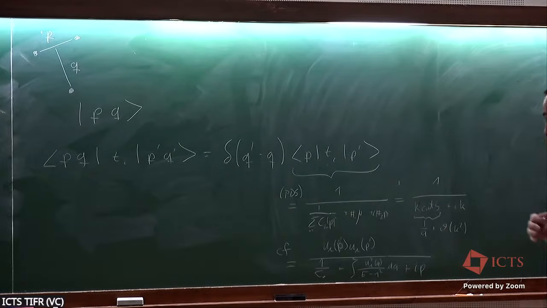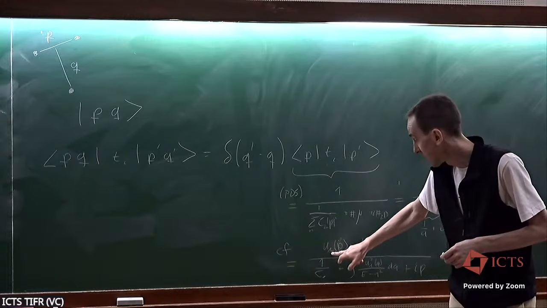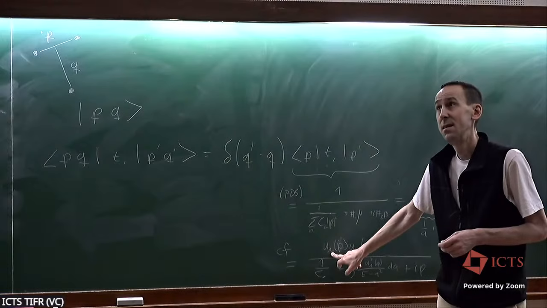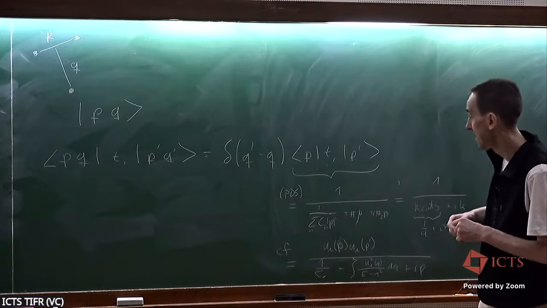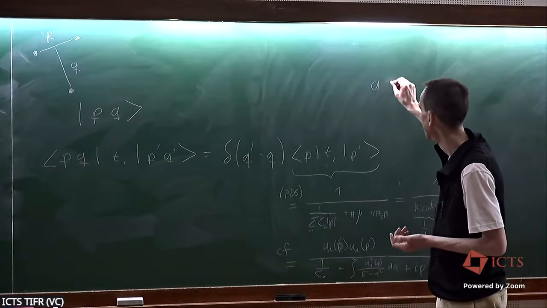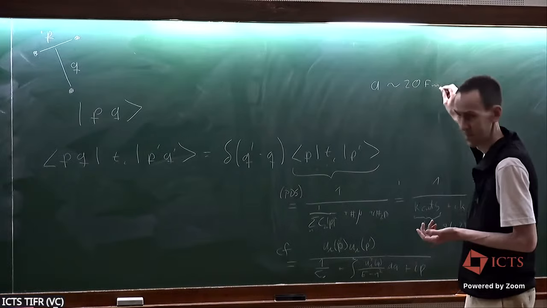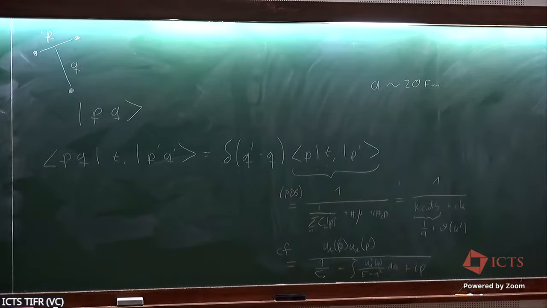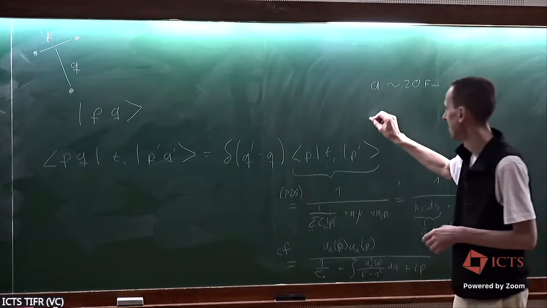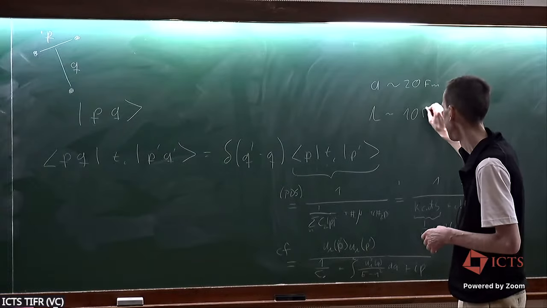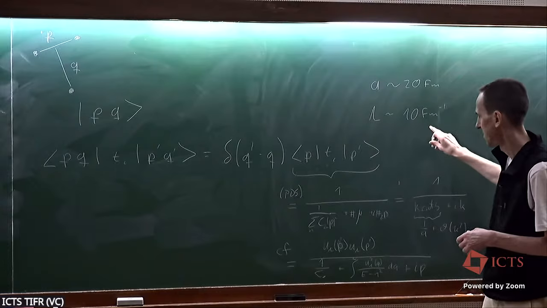But to answer your question finally, what we are typically using: if A in nuclear physics is of the order of, let's say, 20 Fermi, then typical cutoffs we are using in momenta go up to about 10 inverse Fermi.